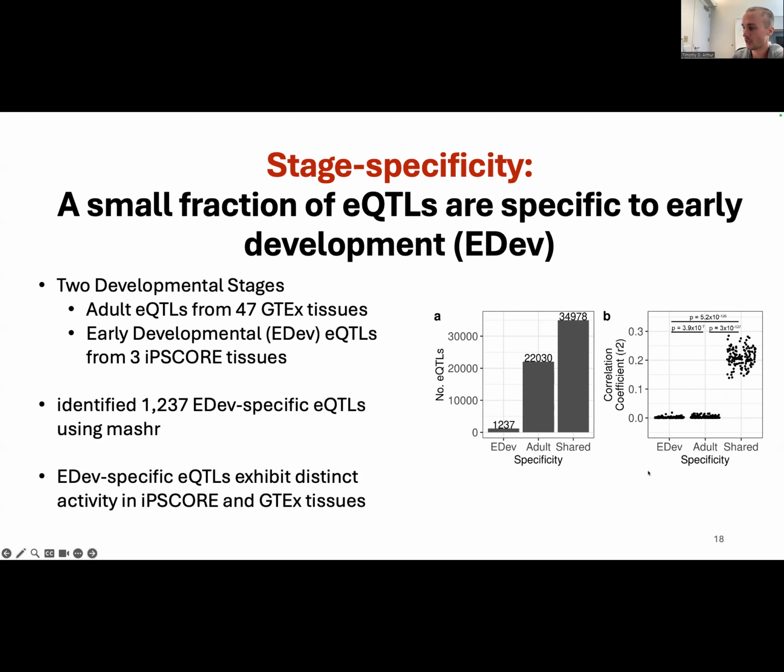We calculated the correlation to validate that these are truly temporal. We looked at their activity in both iPSCORE tissues and GTEx tissues, and we saw that the temporal regulation, including the EDEV-specific and adult-specific, were not correlated between the two data sets, where the shared eQTLs were correlated between iPSCORE tissues and adult tissues, indicating that they're active at both the early developmental stage and the adult stage.